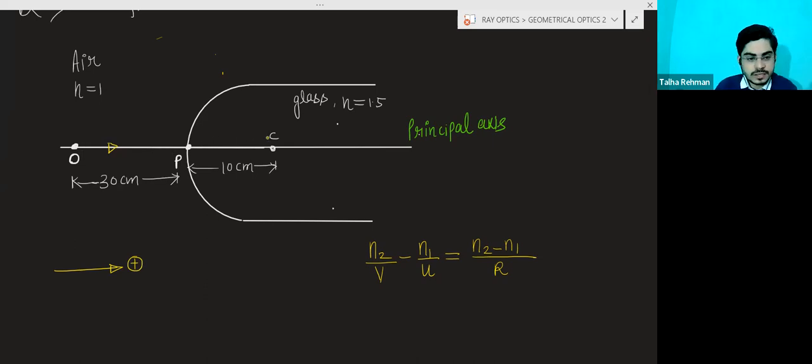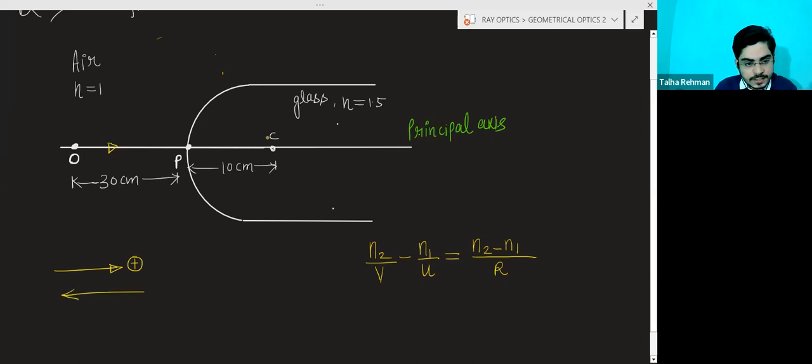This direction you will consider positive, and this direction will be taken as negative. Now the object distance is from P to O.